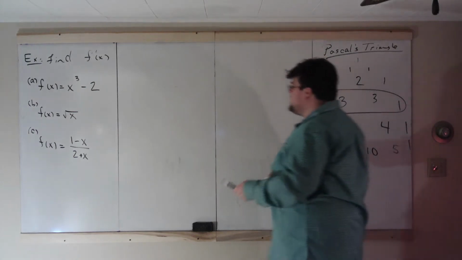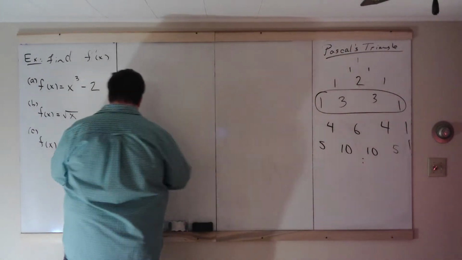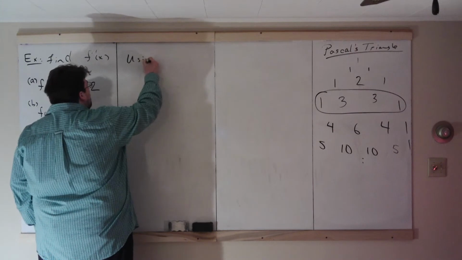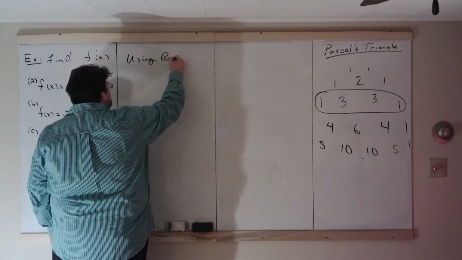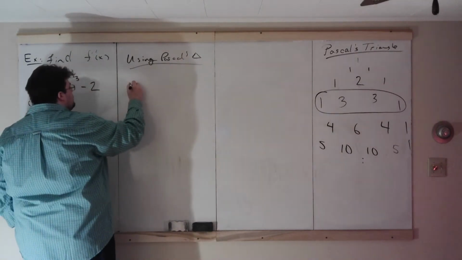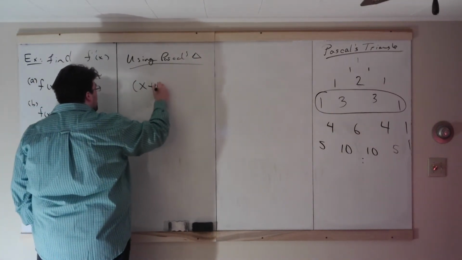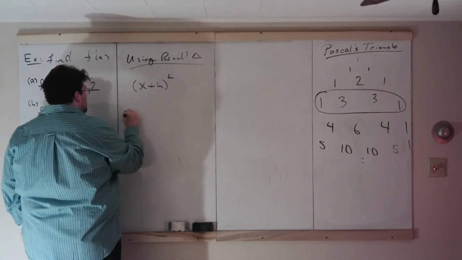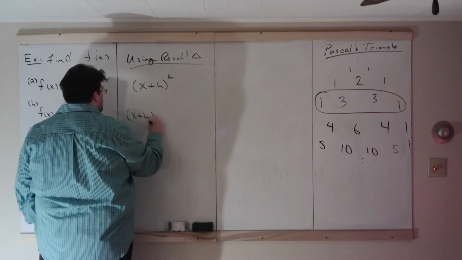Let's just do x plus h, because that's what we've seen. So examples illustrating Pascal's triangle. Let's just do x plus h squared, and then let's do x plus h to the 6th.